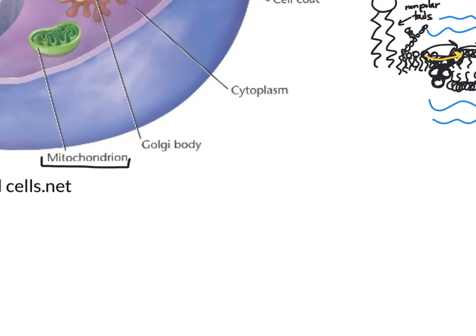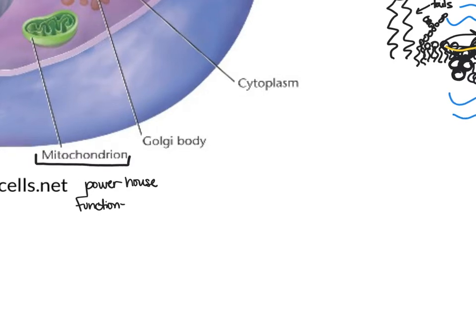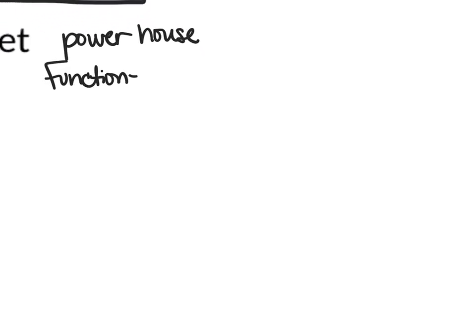So our mitochondria is oftentimes called the powerhouse of the cell, or the power plant of the cell. And as its name implies, its function is to harvest energy from glucose and use it to make ATP.